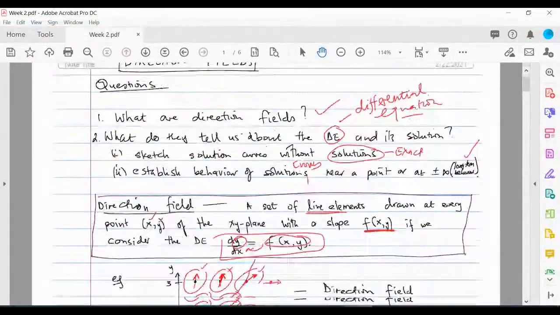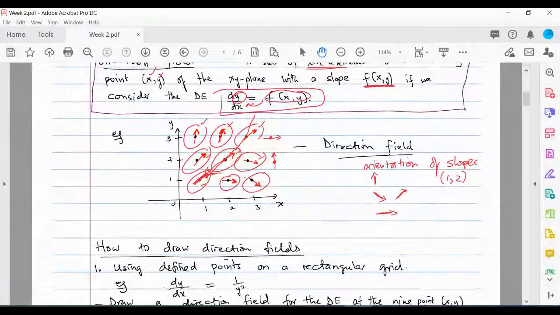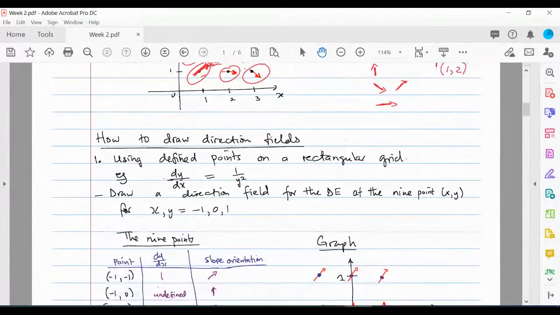So we now know what direction fields are and how we can draw them, just by an example that does not have any differential equations in mind. It is just a visualization, a geometric representation of the direction field. How do we draw the direction fields? We have 3 ways.